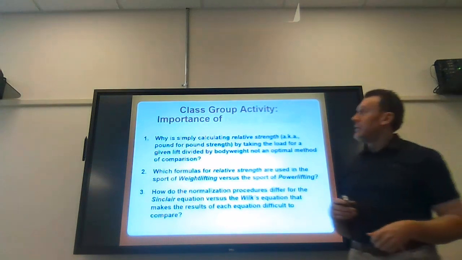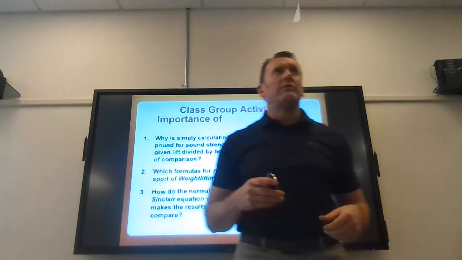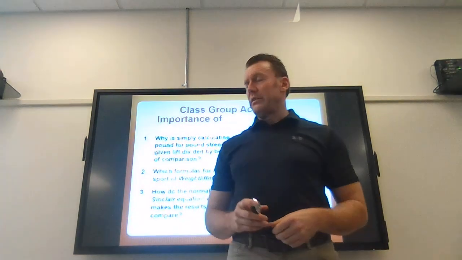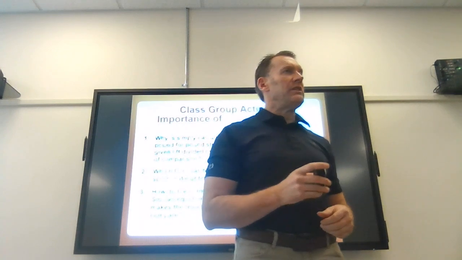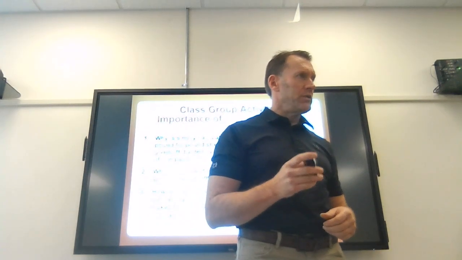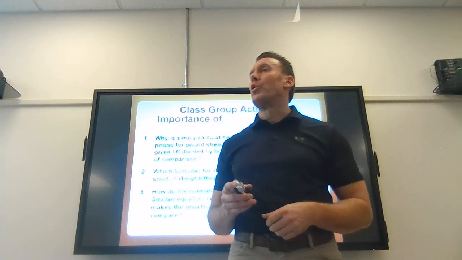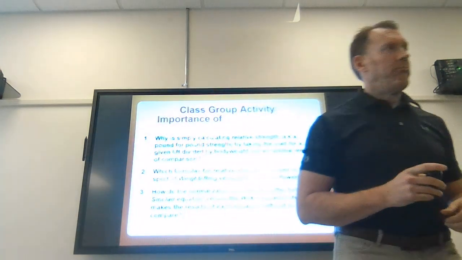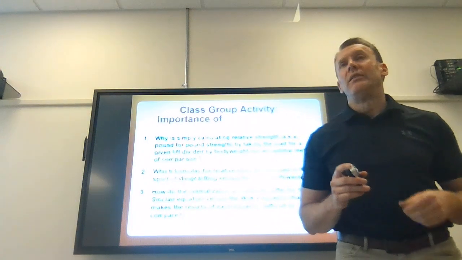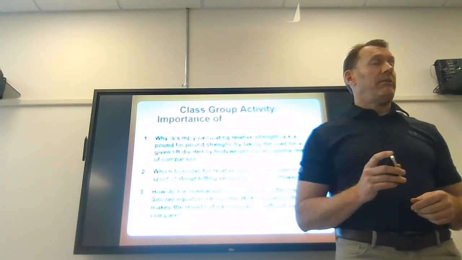This is on the importance of relative strength, comparing Olympic weightlifting with powerlifting. What are the two lifts that are contested in the sport of Olympic weightlifting? Yeah, snatch and clean and jerk.